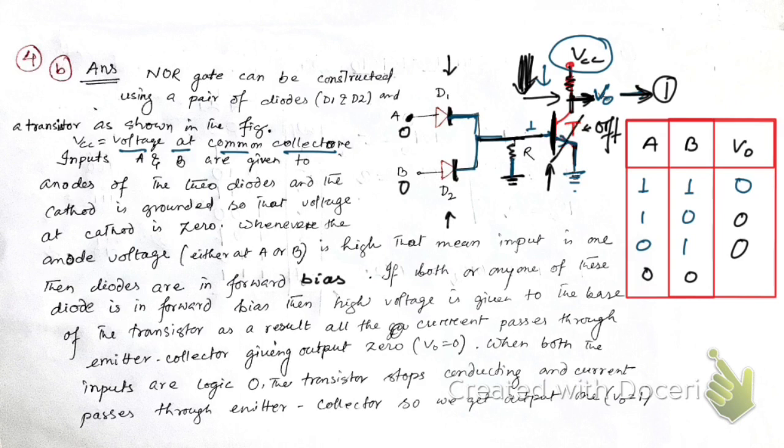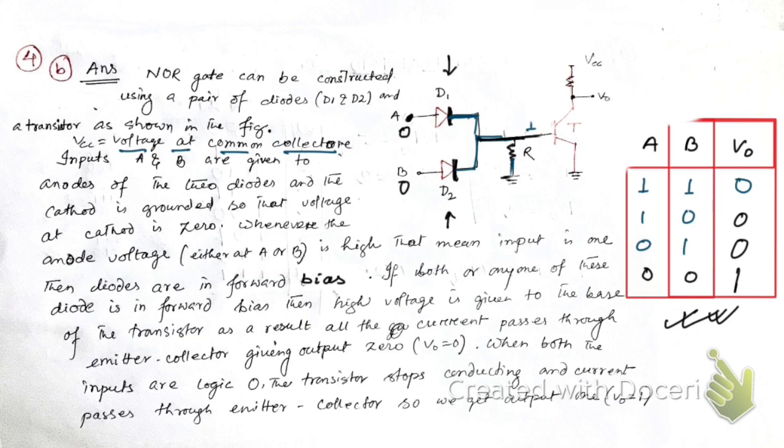As this transistor is off, the connection to the ground is cut off, so that's why we get output 1. This is the truth table of the NOR gate, right? That's how, using two diodes and a transistor, we can construct a NOR gate.